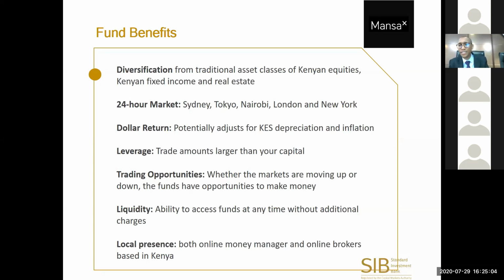If you invest in Mansa X, we are essentially doing this on your behalf. We are finding assets from currencies to metals to equities to fixed income assets, and then combining this in an optimal way and changing this as the circumstances also change on your behalf. And this is one of the biggest advantages of Mansa X.